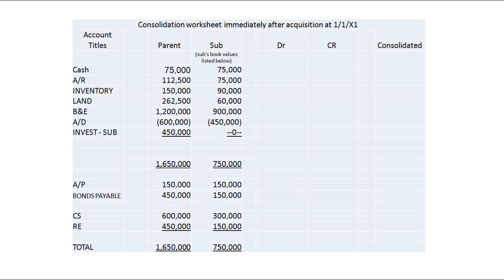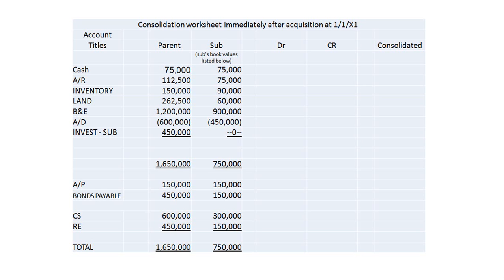We don't go back and restate the sub's records at fair value. We're going to increase them to their fair value through the consolidation process. We'll do that again in Chapter 4, but just for now, remember, for the sub, we will list their assets and liabilities at book value.